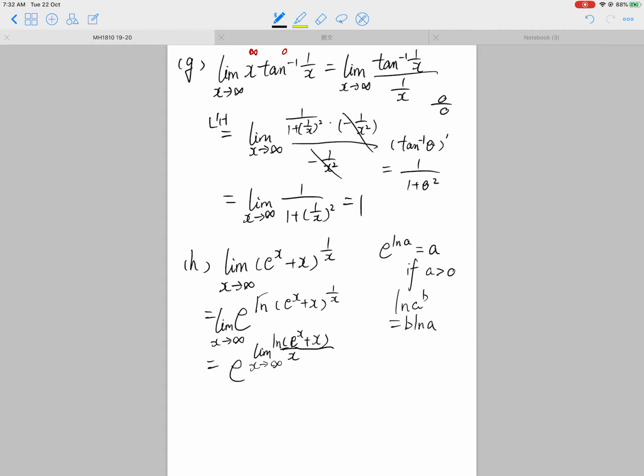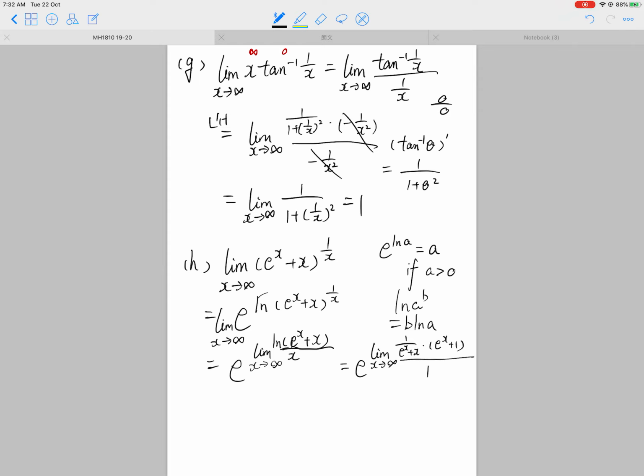Then you can differentiate both sides, because now for this part you can use L'Hopital's rule. You differentiate this, you get 1 over e to the power of x plus x, times e to the power of x plus 1.